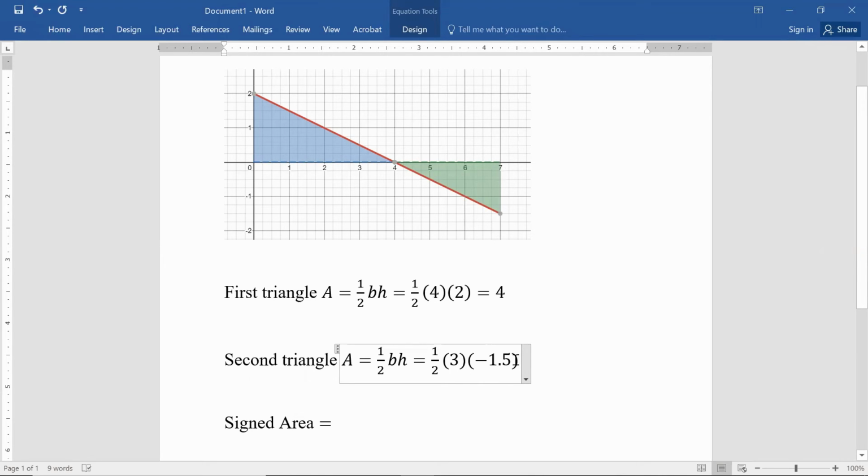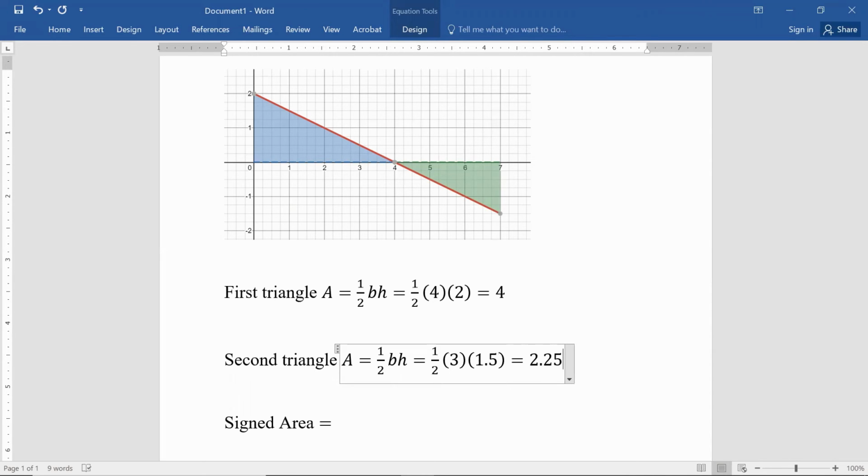When you type in 1/2 times 3 times -1.5, you get -2.25. I'm actually going to call this a positive 2.25 just so I'm consistent with what I've done in my previous problems.